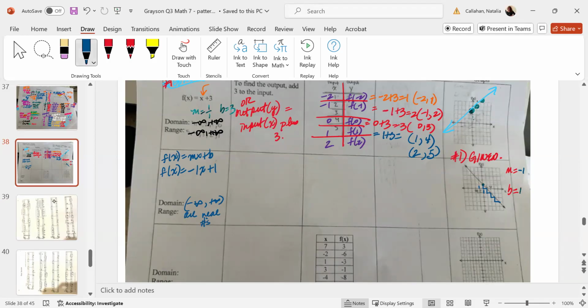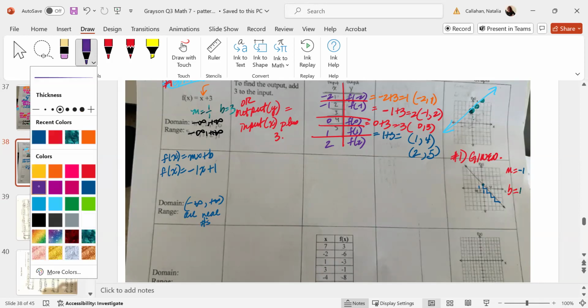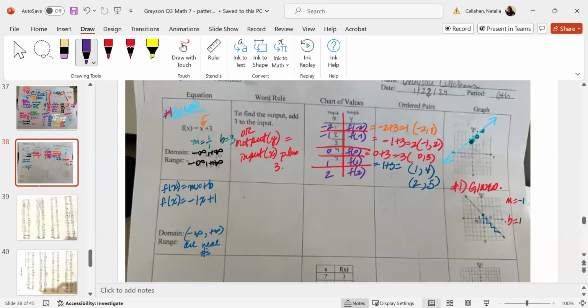Now, from there, we're going to use the word rule. To find the output, I'm going to put y. It's going to be a negative input, plus 1, right?